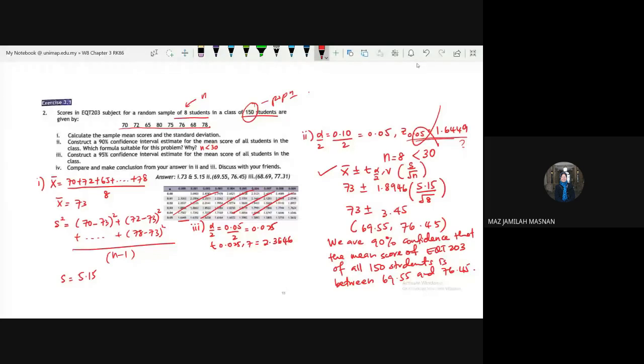So you will have 73 plus minus 2.3646 multiply with 5.15 divided by square root of 8.